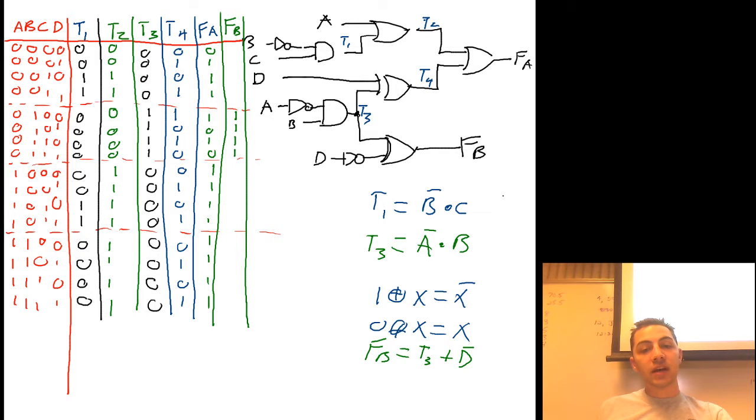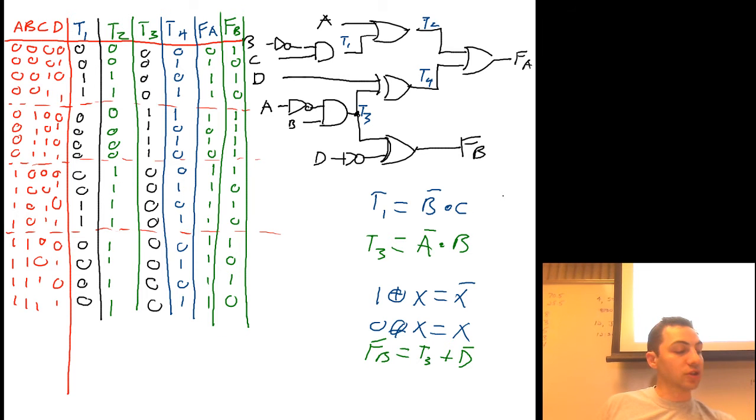Because T3 is 1 in those 4 positions, my output FB is going to be a 1. The remainder is just going to be D inverted: 1 0 1 0 1 0 1 0 1 0 1 0. All I did is invert 0 1 0 1, made it 1 0 1 0. That is the complete solution for number 1.